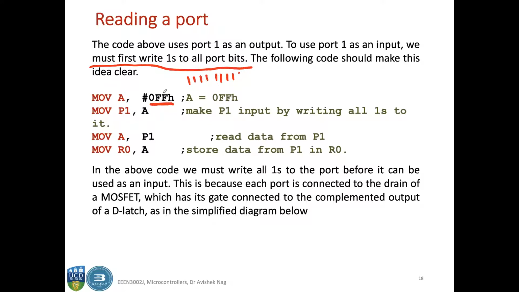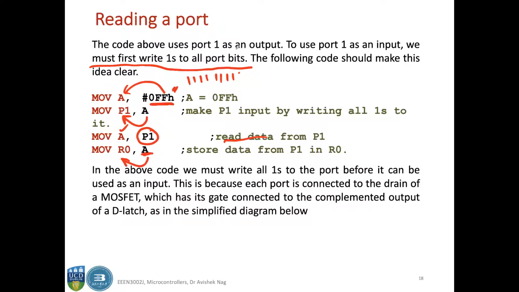So you can move this FF to A and then from A to port 1, or just directly you can move this number to port 1, and in that way you configured port 1 as a read port, and then you can read whatever data is in port 1, read that data to the accumulator, and then move the same data from accumulator to another register.